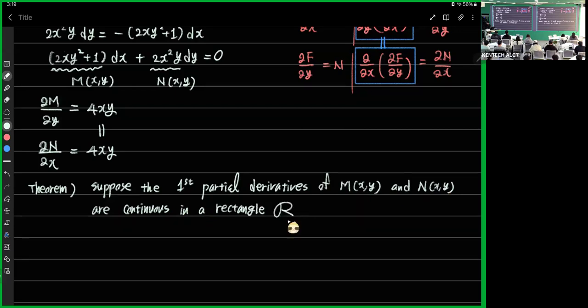Script R means the domain of the solution. So we definitely want to find the solution f(x,y) in the domain R. What is R? A rectangle.